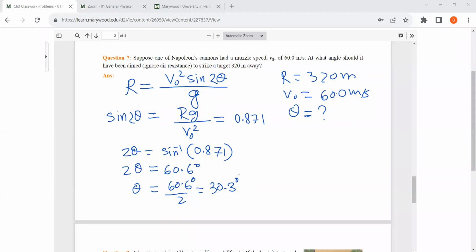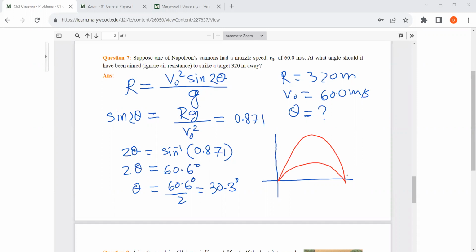Remember that for each horizontal level range we have two angles. We discussed in class that for 60 degrees and 30 degrees the horizontal level range was the same.